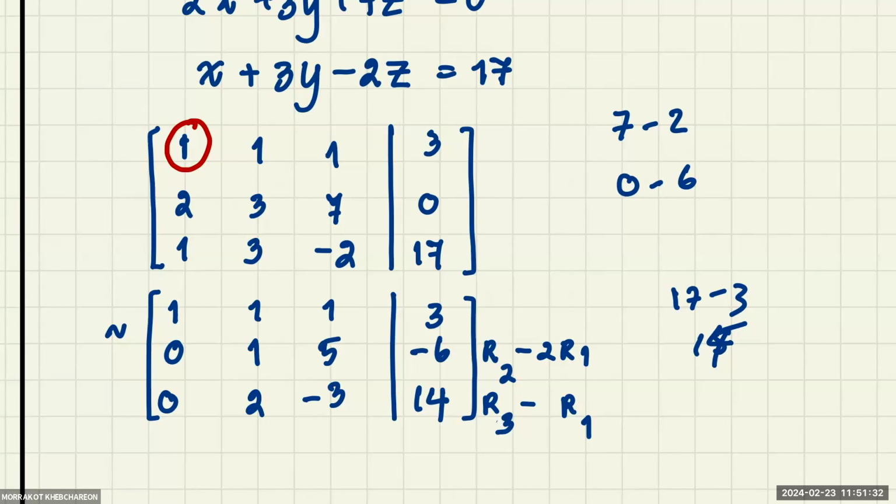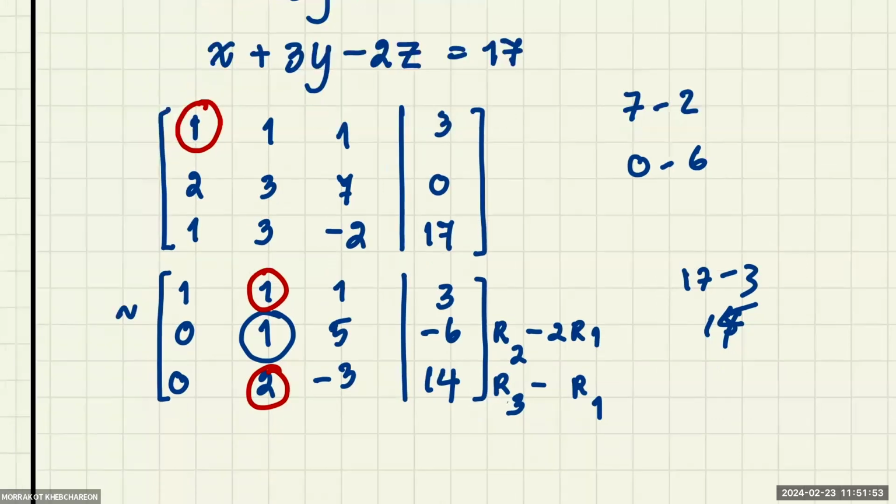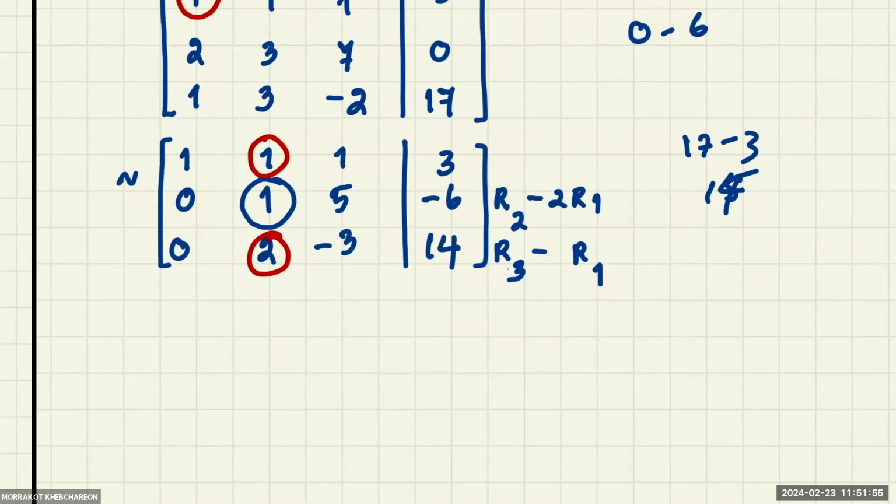Maybe we do one at a time, okay? If this is already 1, I will make this 0 and make this 0, okay? Because the first column is okay already. Now I have 1, 0, 0.